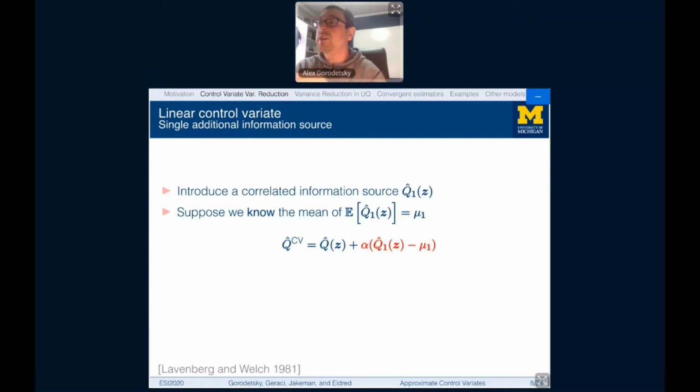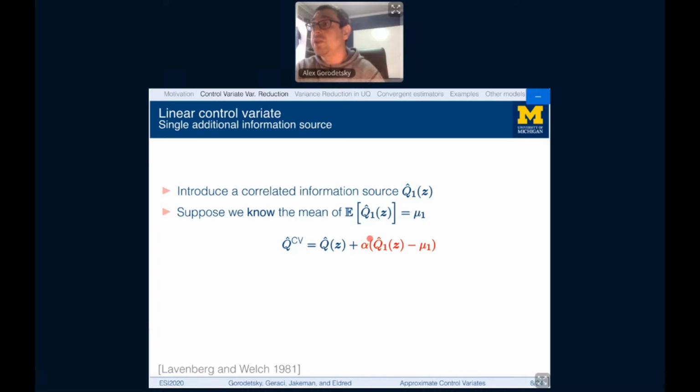And I highlight this because the only thing that matters in control variates is correlations. It doesn't matter at all anything else about the problem. It doesn't even matter if it's from the same domain of the problem. If the source has the same inputs and has the same correlation, it can be used effectively. So suppose we know the mean of this source.